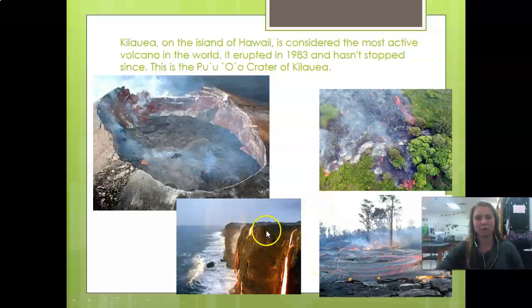It does run right into the oceans too. Once again, no one is fearful of one of the islands erupting to a point where it would cause harm. It would just be that the lava might overtake a community, and that would be devastating. But it's not like someone is scared to live on the island because of that eruption.